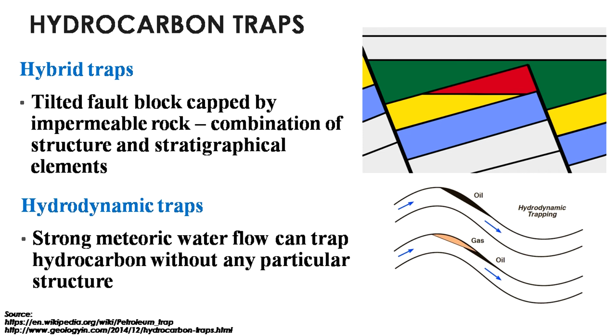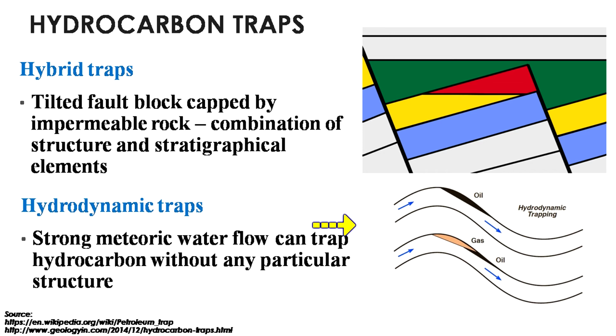The fourth kind of trap is called the hydrodynamic trap. It is not very common, but there are places where you do see hydrodynamic traps. What happens here? If you have an undulating structure, a syncline, anticline feature, and if you have large groundwater flow through that reservoir rock, the flow of the water traps the oil or gas in the kinks of the fold.